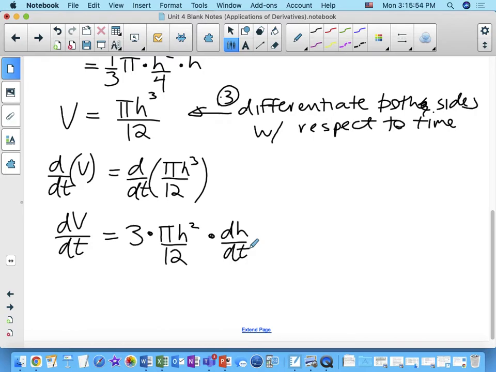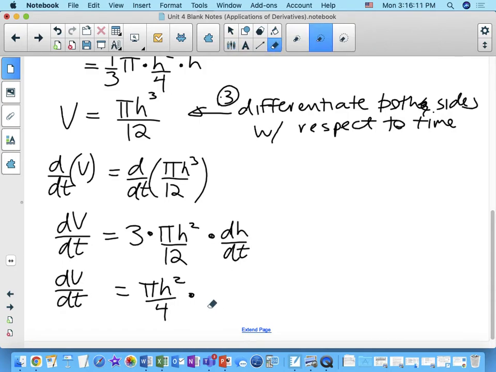Or this can be simplified, I suppose, to dv by dt equals pi h squared over 4 times dh by dt.